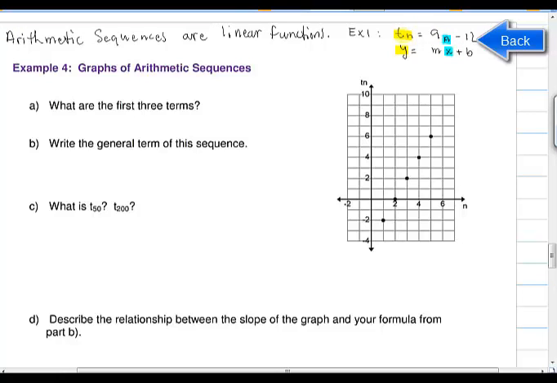If our general term is indeed in the form of y equals mx plus b, then t subscript n gets graphed on the vertical axis, okay, and it's our dependent variable. And our n, which is in the same position as the x in y equals mx plus b, gets graphed along the horizontal axis, and so that makes our n the independent variable.